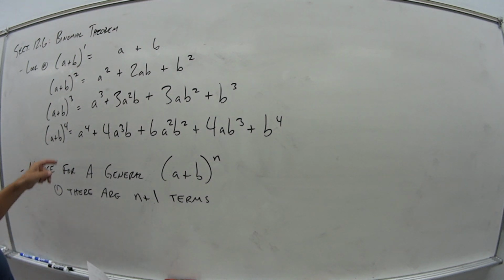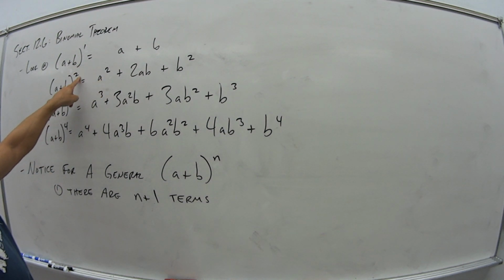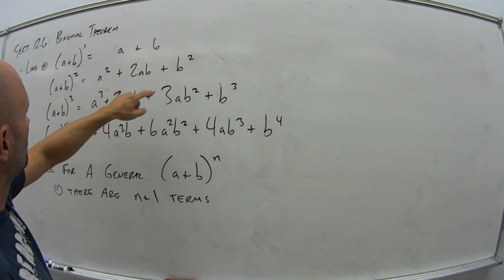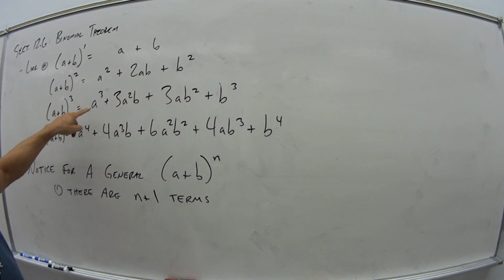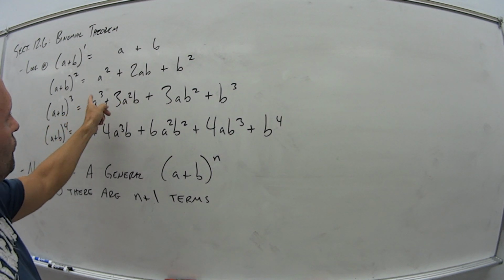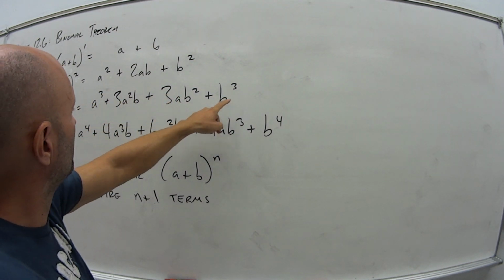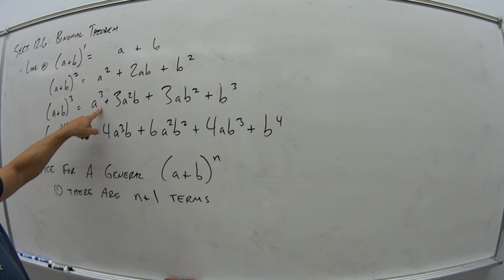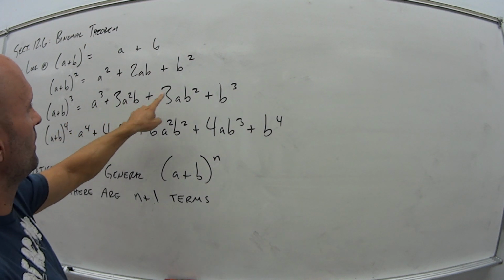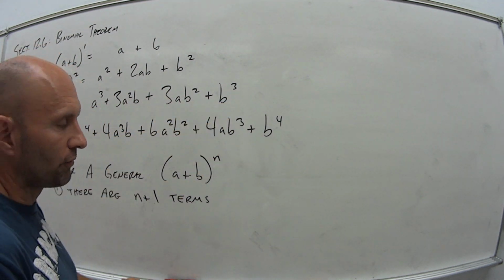Next thing, what do I see? Let's go to the third here. A is 3, A is 2, A is 1, A is 0. How about B? B is 0, B is 1, B is 2, B is 3.